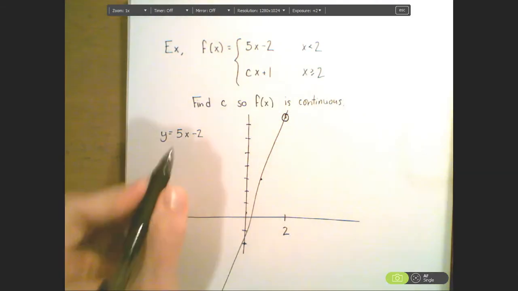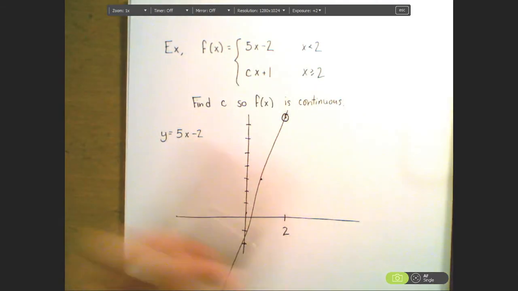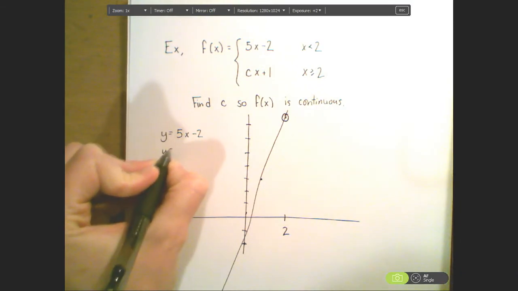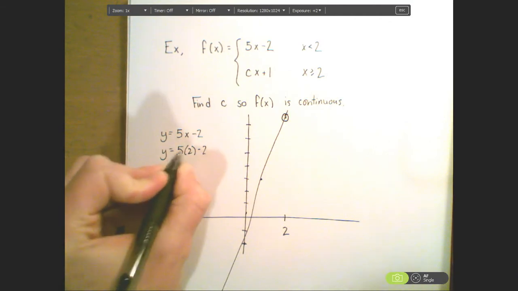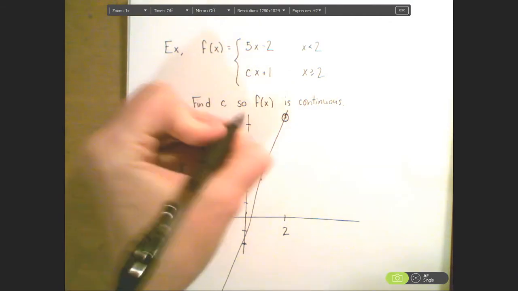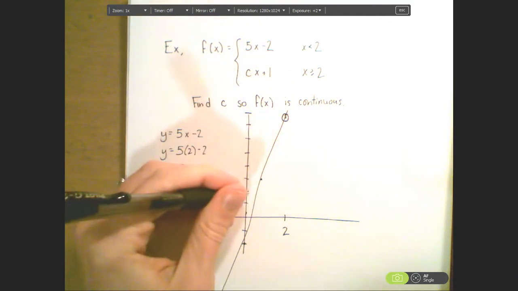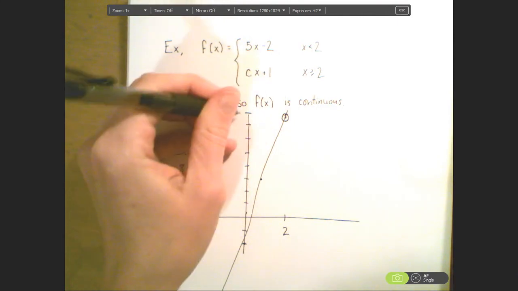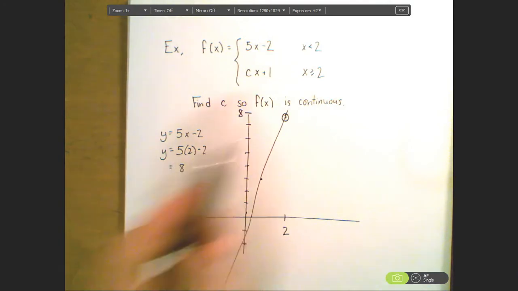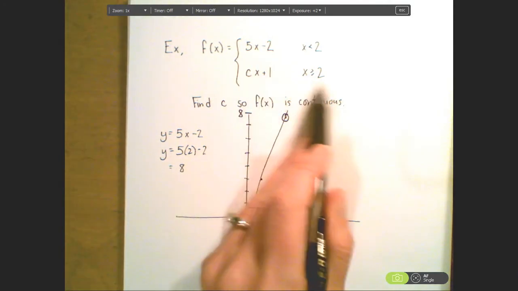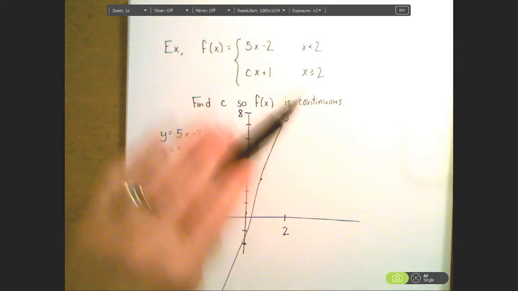So let's evaluate, what is this y value when x is equal to 2? 5 times 2 minus 2 gives me 10 minus 2, which is 8. So that tells me that my y value is 8. Great. It fits on my graph. I don't know what the slope of this second function is.